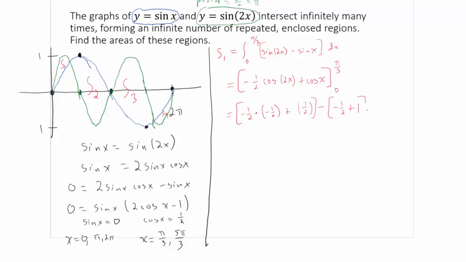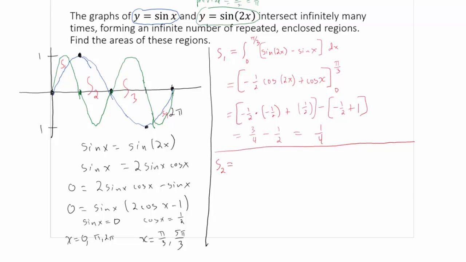We go through all this arithmetic. I'd have 1/4 plus 1/2, that's 3/4, minus negative 1/2 plus 1 minus 1/2, and so that's 1/4. So that's S1.